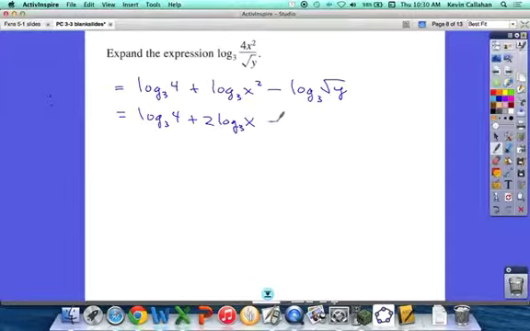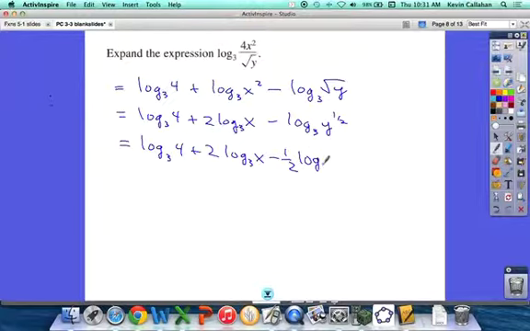So take a step and go log base 3 of y to the 1/2, and then you can use the power property again. 1/2 will go here. So this is log base 3 of 4 plus 2 log base 3 of x minus 1/2 log base 3 of y. And then that's complete. We've done everything. We used a little product property, a little quotient property, and the power property twice.